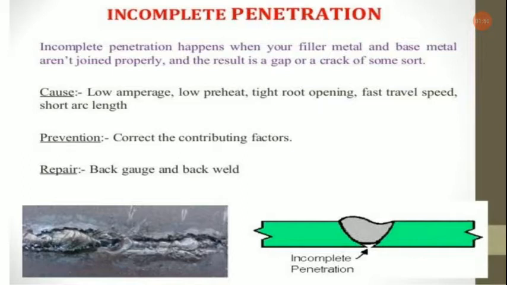The causes are low amperage, low preheat, tight root opening, fast travel speed, and short arc length. Its prevention is to correct the contributing factors. Repair by back gouge and back weld.